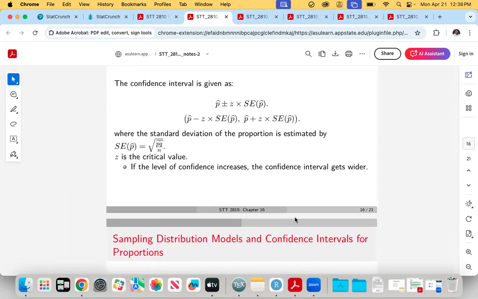So it is based on the confidence interval. So here we can see that if the level of confidence increases, the confidence interval gets wider.